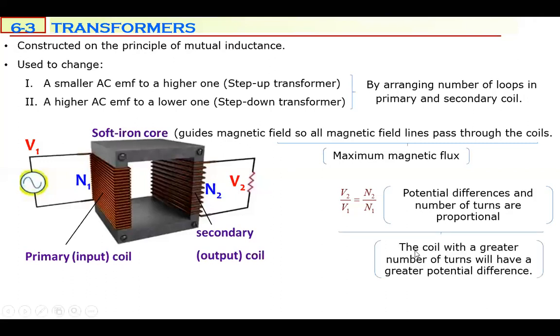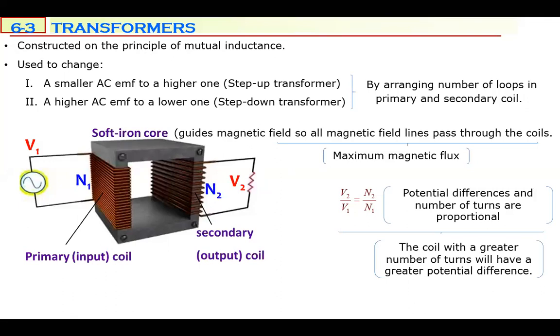The coil with a greater number of turns will have a greater potential difference. And V2 over V1 is equal to N2 over N1, which is known as the transformer equation. This is so simple. We are going to use this equation for calculating the potential difference in the secondary coil or in the primary coil depending on the number of turns.